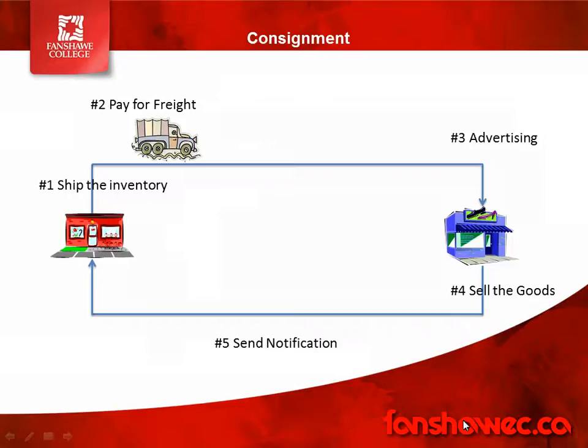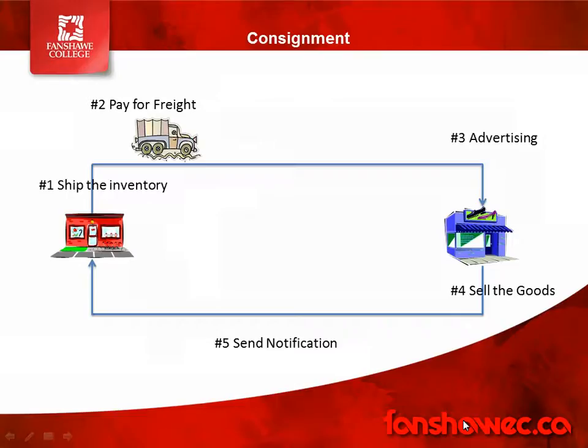We have to transfer it out of normal inventory and set it up as consignment inventory. The next slide in this slide deck will go through all the journal entries, but just know that on the date we actually ship it, we have to do a journal entry to move our inventory to consignment inventory.